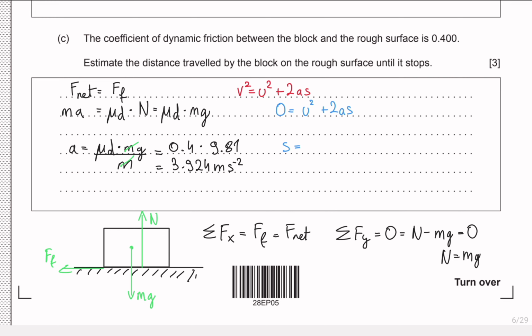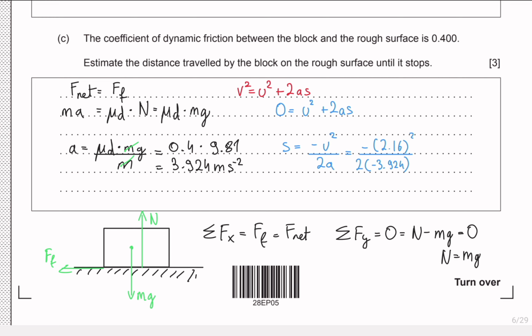That will give us minus u squared over 2a, like this. And well, we just need to plug in now. So minus 2.16 squared divided by 2 times minus 3.924.